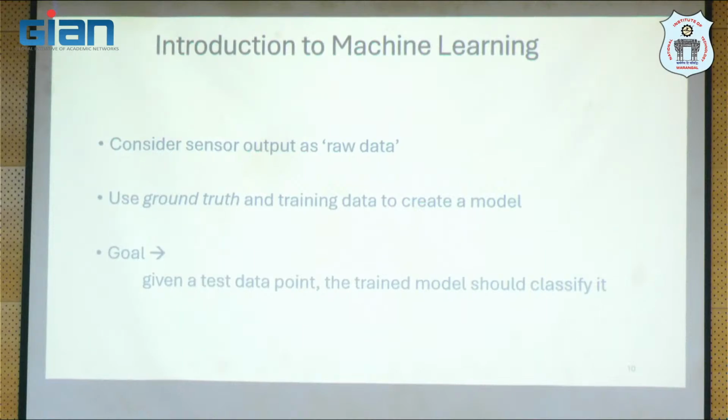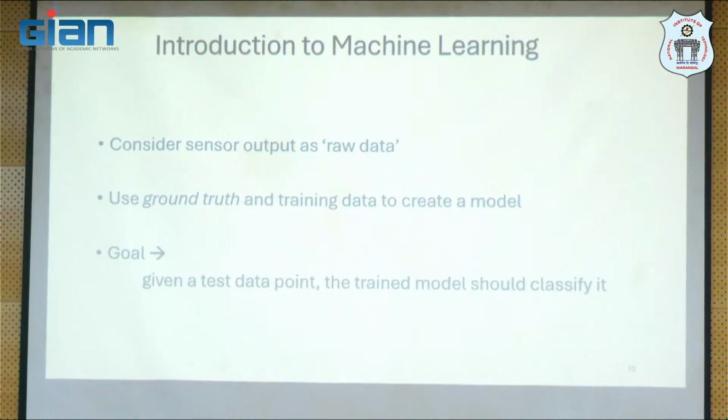Using the ground truth and this raw data, we can generate training data, and we can create an algorithm and a mathematical model using the training data and the ground truth. We can say that if this is the data I give you, this should be the expected output. So I feed that information into a black box.